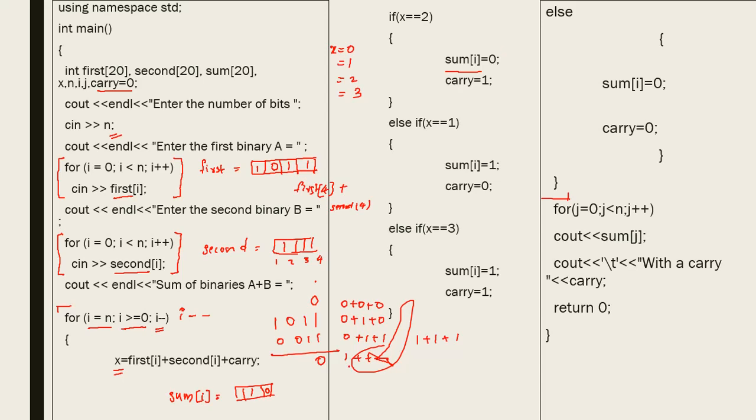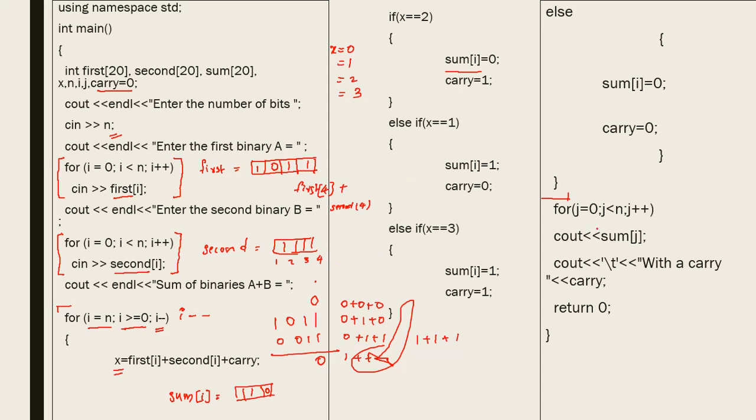The value of the sum will be stored into that digit, and the carry we get here will be added to the next first[i] and second[i], and the function will move on. This is how we add two binaries.